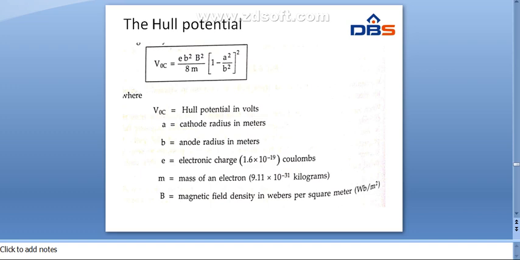Here A is the cathode radius in meters, B is the anode radius in meters, and e is the electronic charge, 1.6 into 10 power minus 19 coulombs. m is the mass of an electron, and capital B is the magnetic field density. It is the Hull potential in volts.